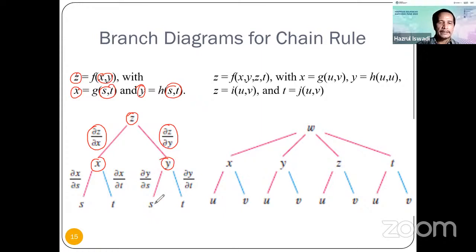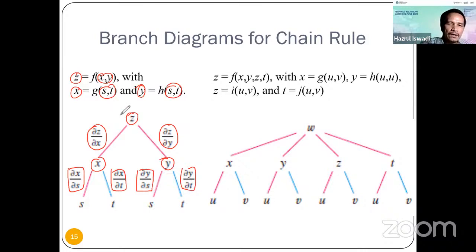Also, y is a function of variables s and t. It means the derivative of x with respect to s is a partial derivative, and also x with respect to t, like here. Also for y, we have partial derivatives with respect to s and with respect to t, like here.